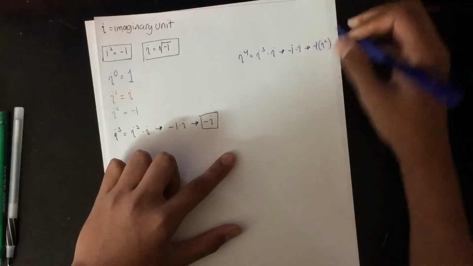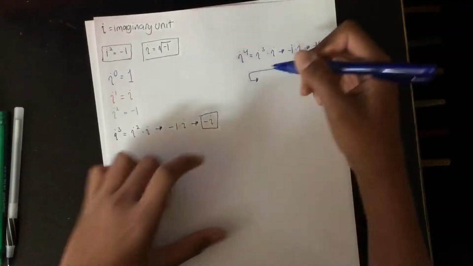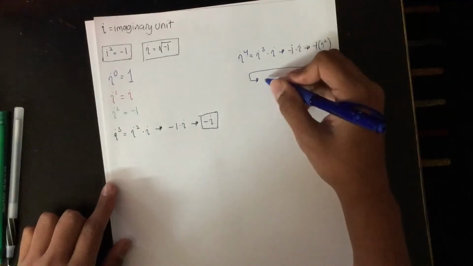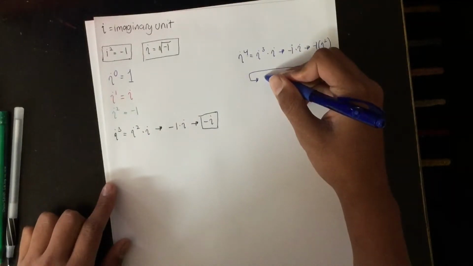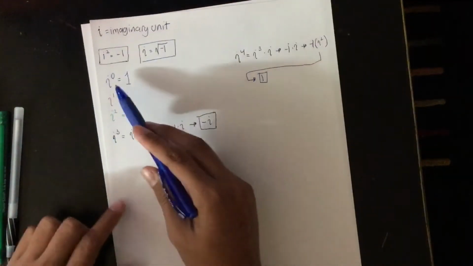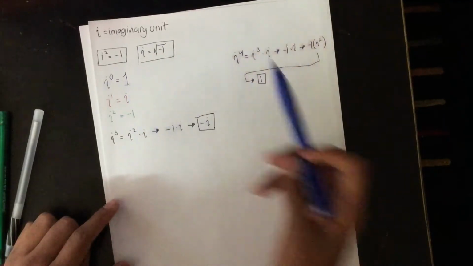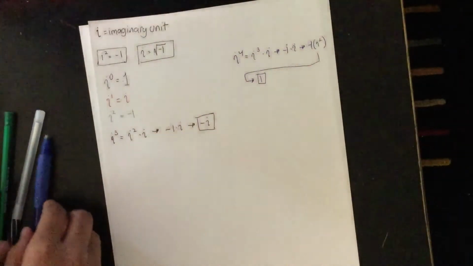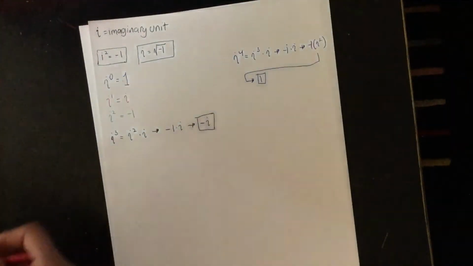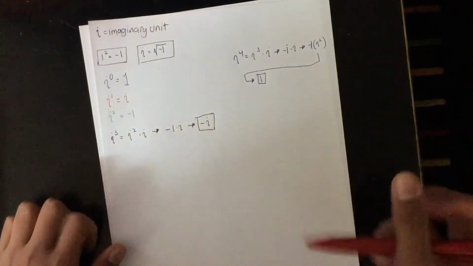Since I'm running out of space, I'm going to continue over here. i squared is -1, and -1 times -1 is indeed equal to +1. As you can start to see, this is going to be the trending pattern throughout. Let me get through perhaps number 6, and then we'll call it a video.